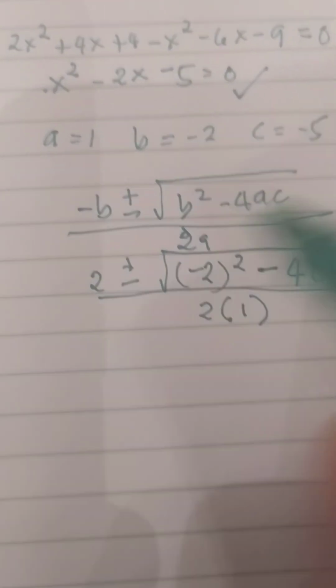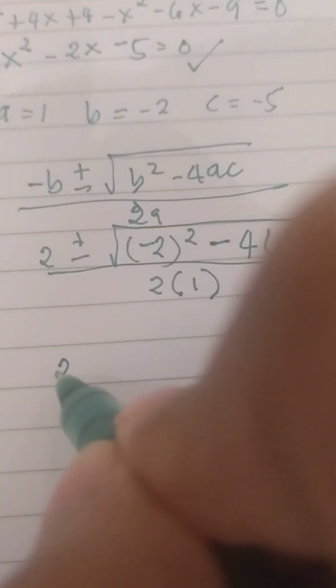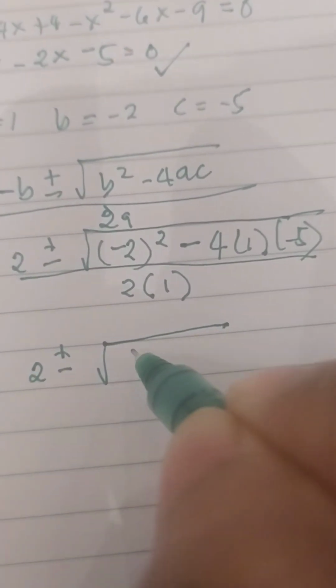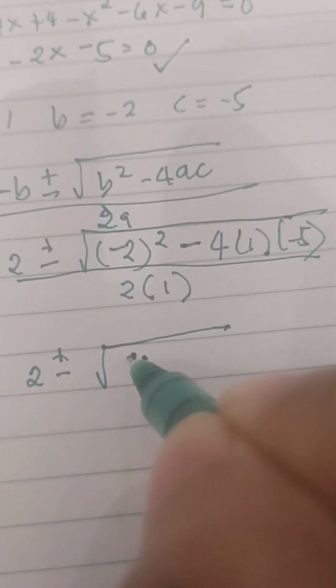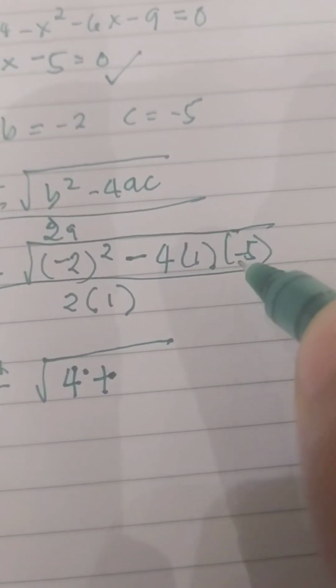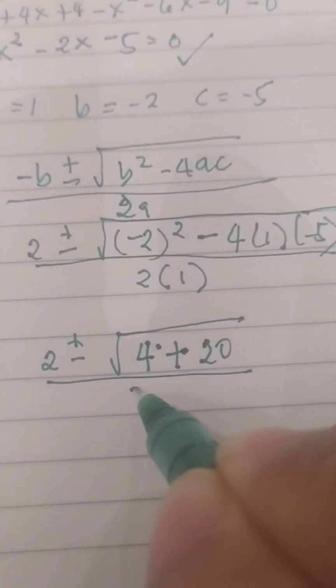So we're going to have, simplifying it further, 2 plus or minus the square root of 4 plus 20, because minus times minus is plus, over 2.